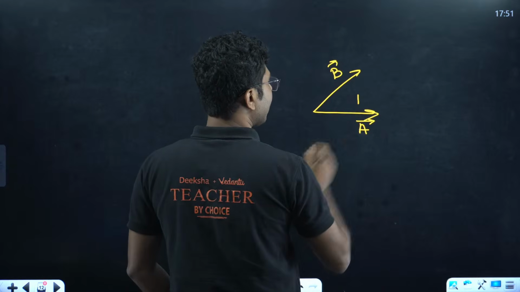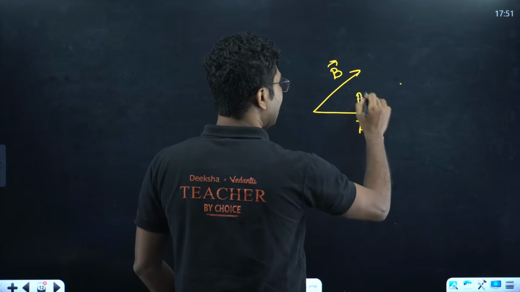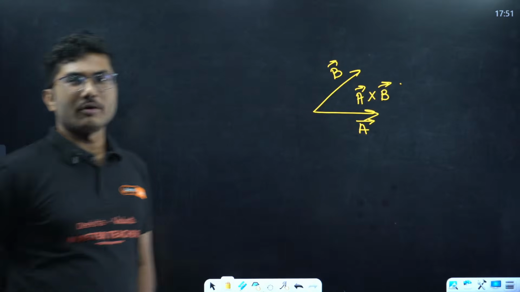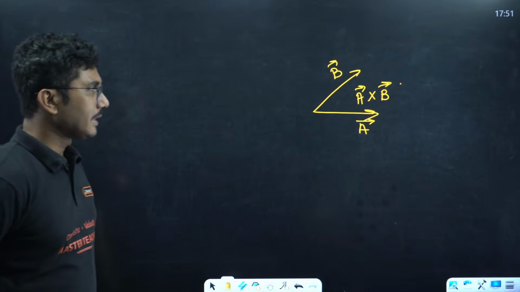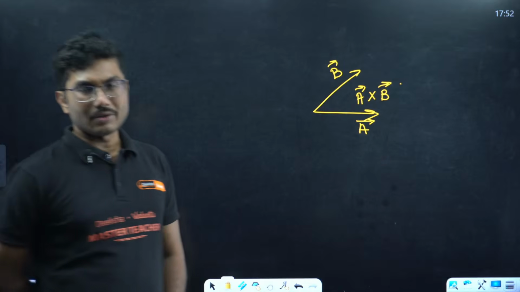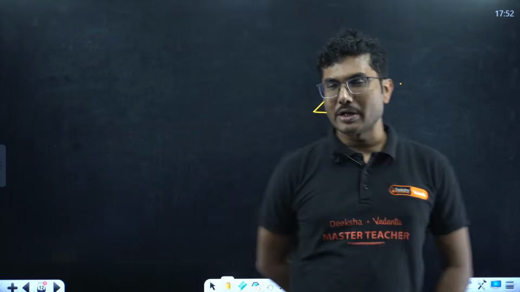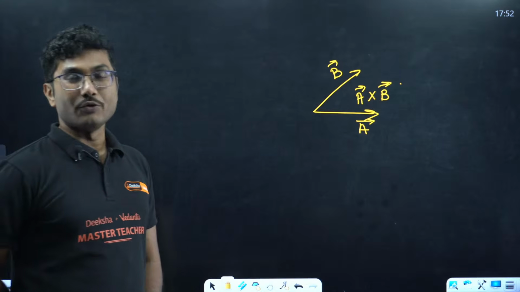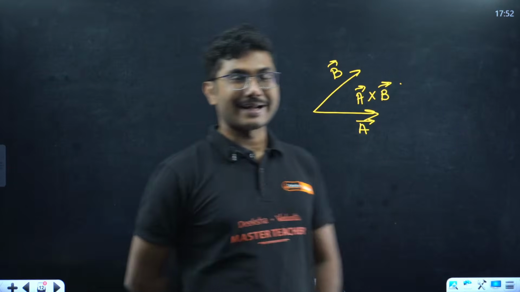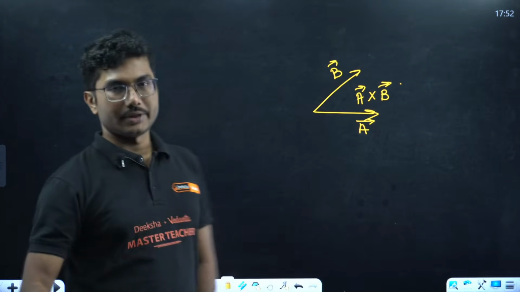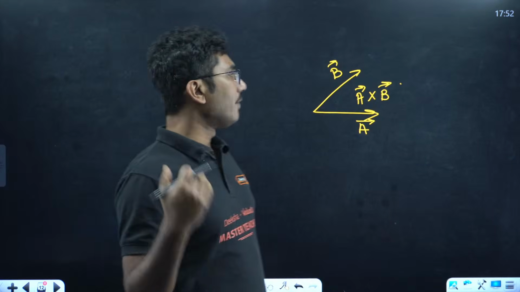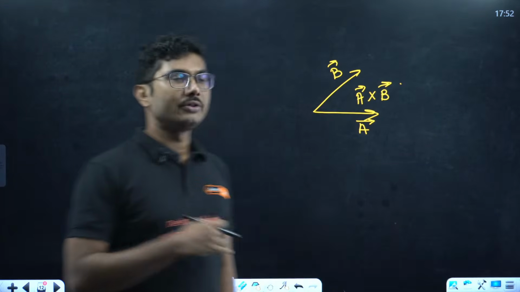Now when you find A cross B, what will be the direction? In case of the electric field, only one vector was there, so there was no problem. But in case of magnetic force, one is velocity, another is magnetic field. Both are vector quantities. That means there will be a force that will act on this system.